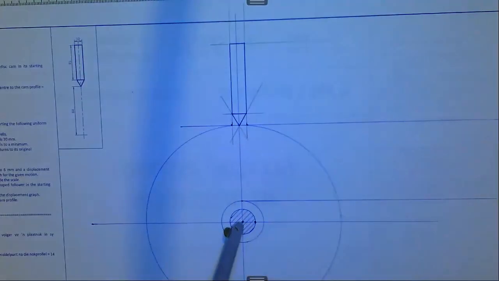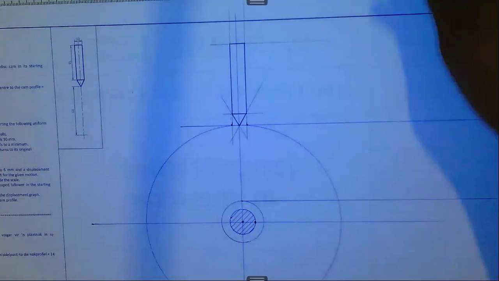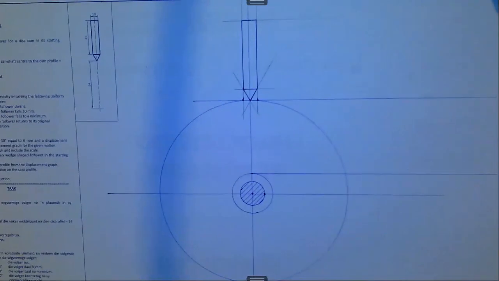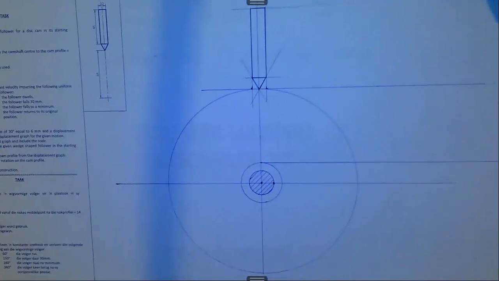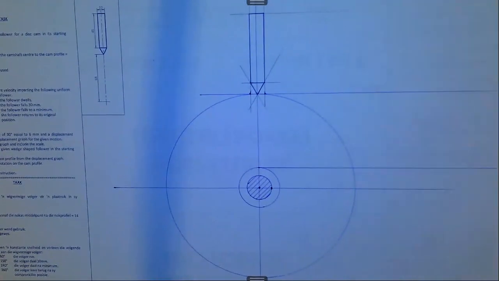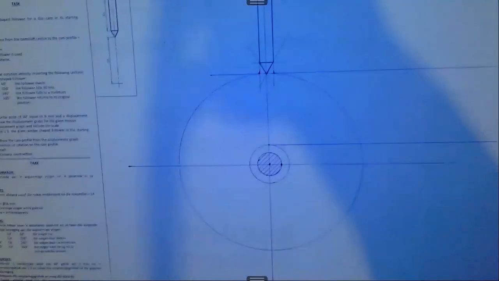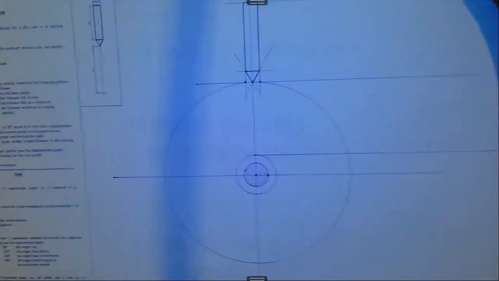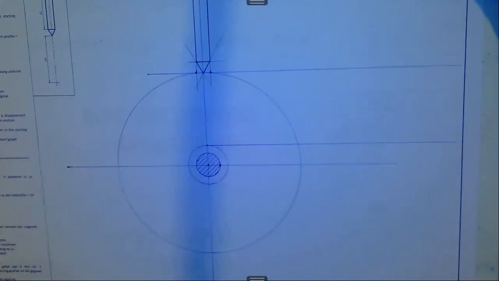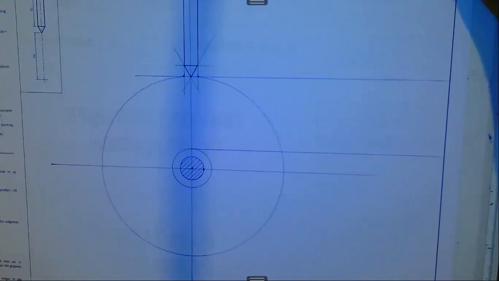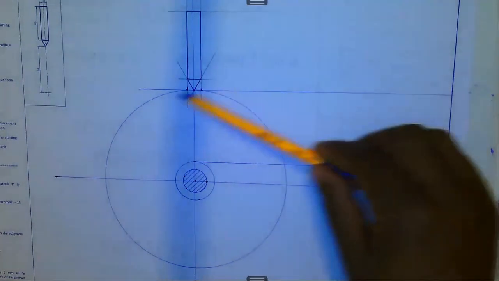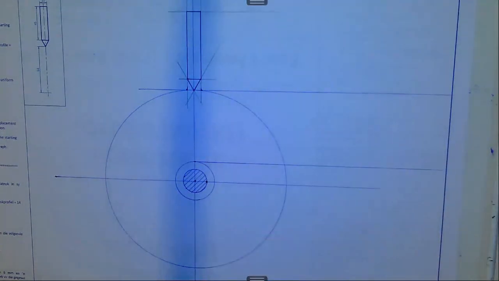But it's not outlined, to make sure you are able to see. This is referred to as the maximum diameter.